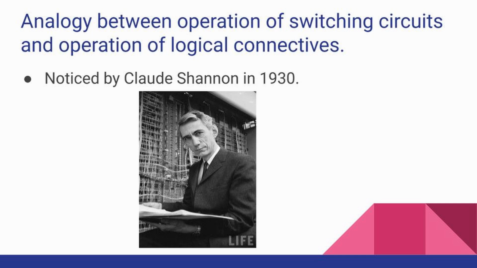And we have analogy between operation of switching circuits and operation of logical connectives. Analogy means comparison. A mathematician, Claude Shannon, in 1930 noticed that there is an analogy between operation of switching circuits and operation of logical connectives. Logical connectives we have already seen.